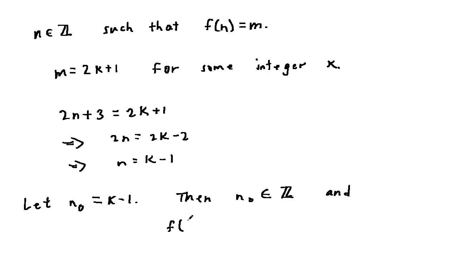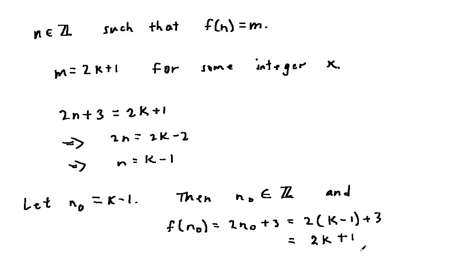And f(n0), that's by definition this. But n0 is k - 1. And simplifying, I get this, 2k + 1. Okay, but that's just m.